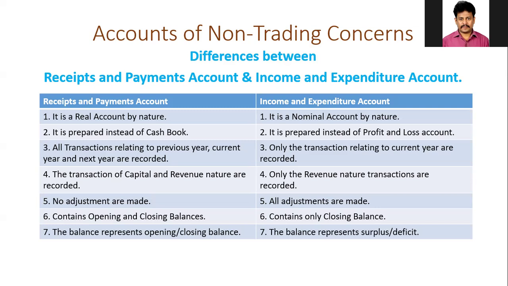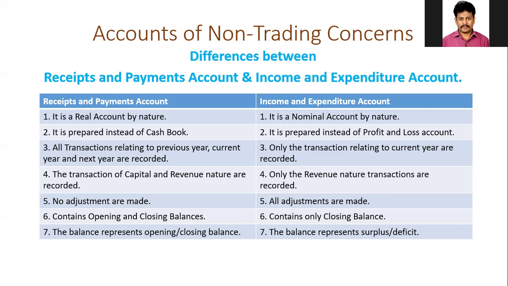The balance in receipts and payments account represents either opening balance or closing balance. It is nothing but cash in hand or cash at bank. But the balance in income and expenditure account represents either surplus or deficit. The excess of income over expenditure is called surplus, and the excess of expenditure over income is called deficit.